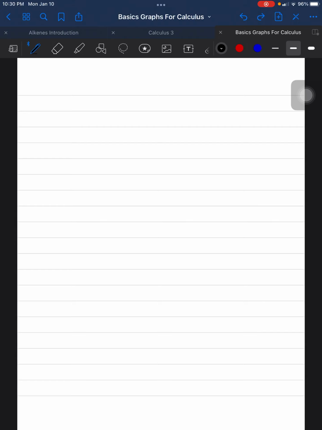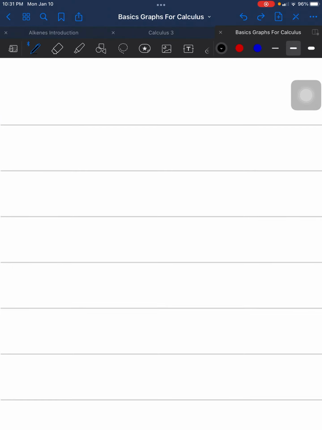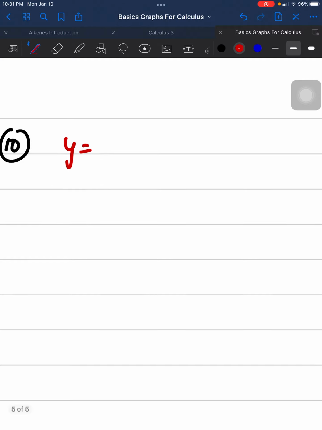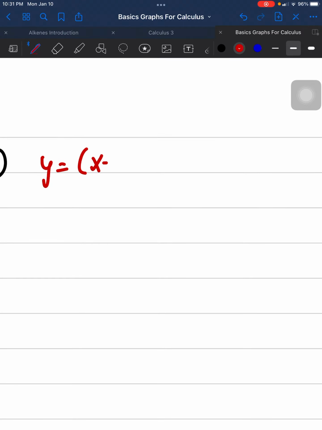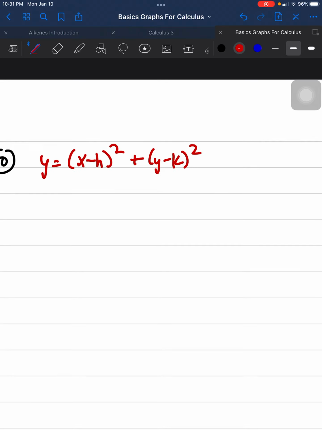Now, another graph that you're going to see a lot in calculus 3 is the circle. The formula for the circle is (x minus h) squared plus (y minus k) squared is equal to r squared.